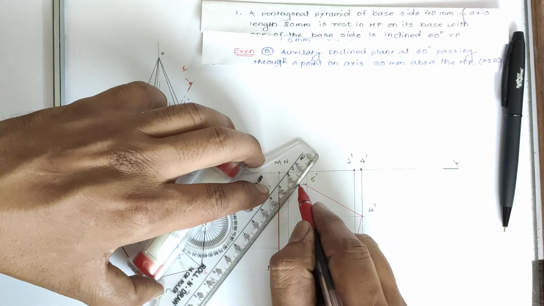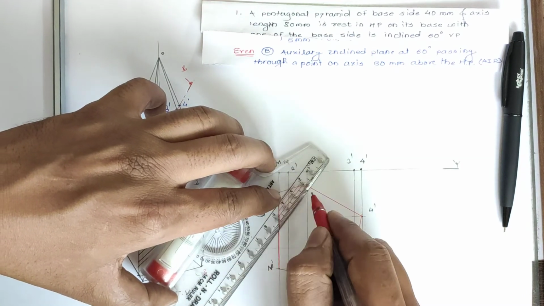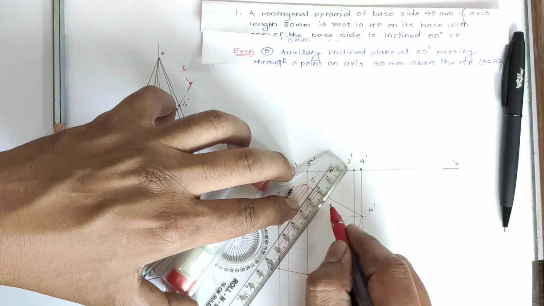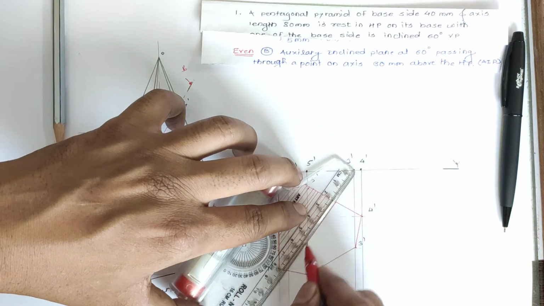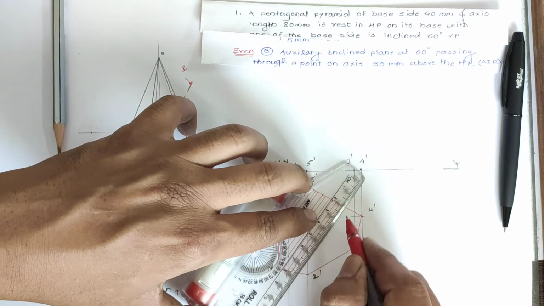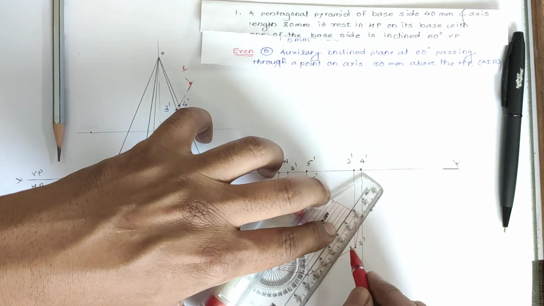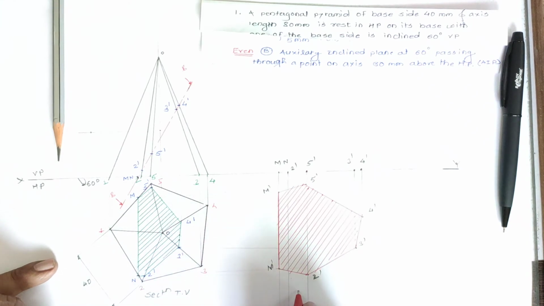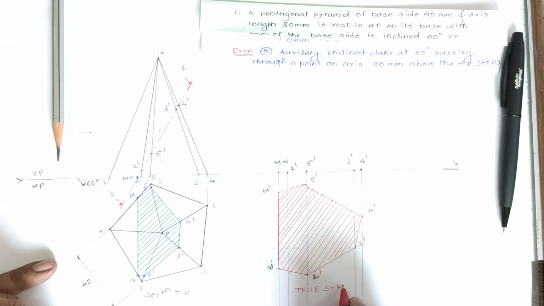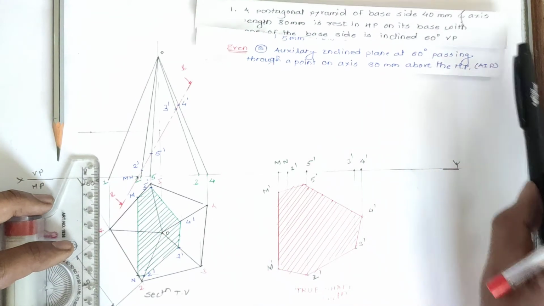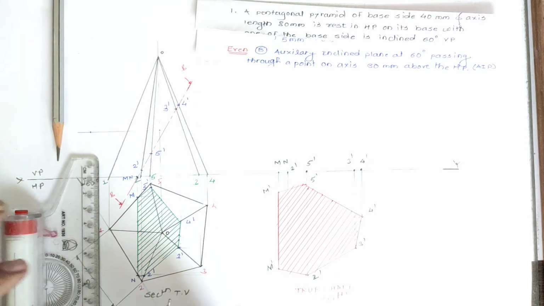And complete the hatching at exactly 45 degrees. This is the true shape of section. And finally the development. You can draw the development.